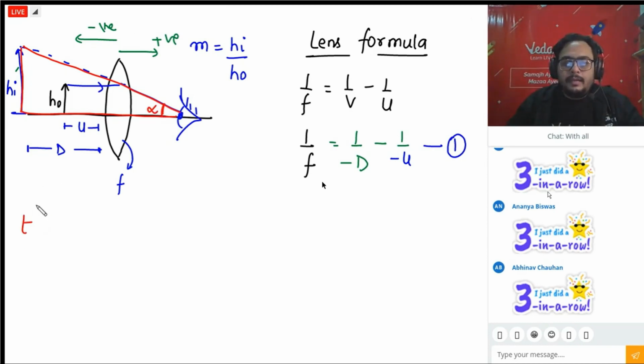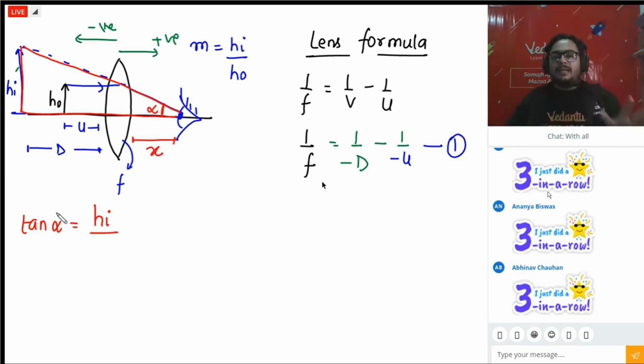Perpendicular by base. If I say the image is at a distance x, what will be the base? It will be d plus x.